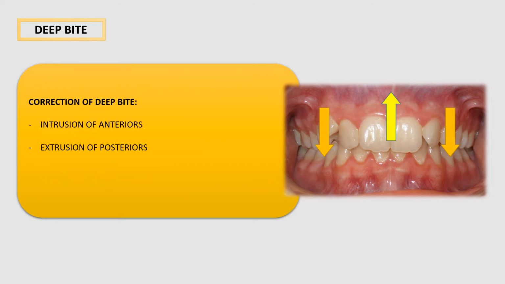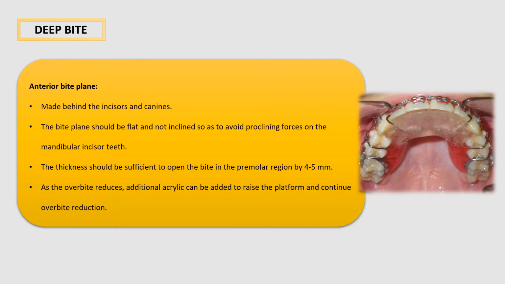So a deep bite can be corrected using two mechanics, that is intrusion of anteriors or extrusion of posteriors. So when it comes to treating deep bite, you can use an anterior bite plane, which is made behind the incisors and canines.